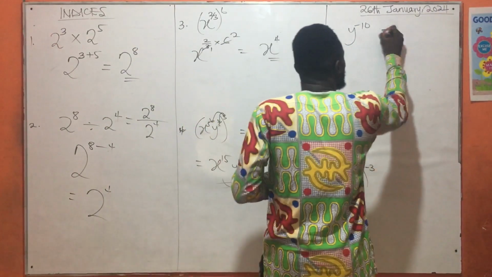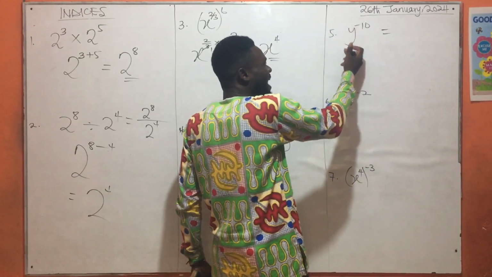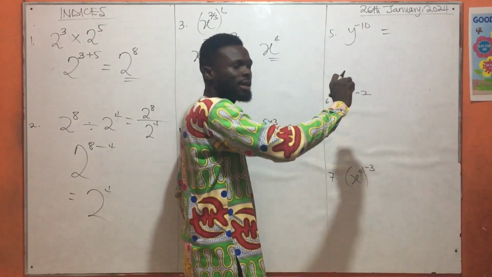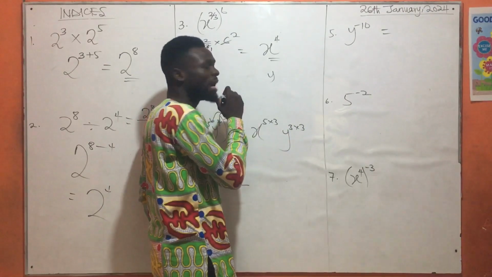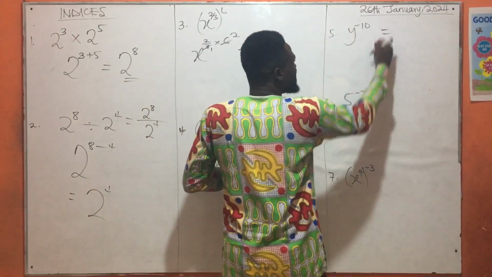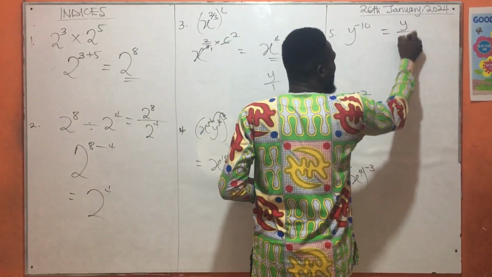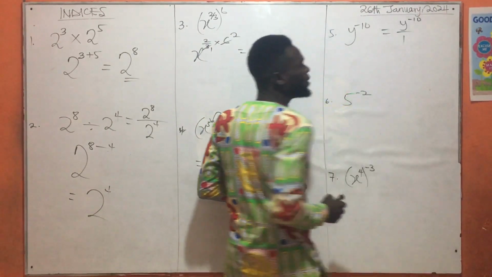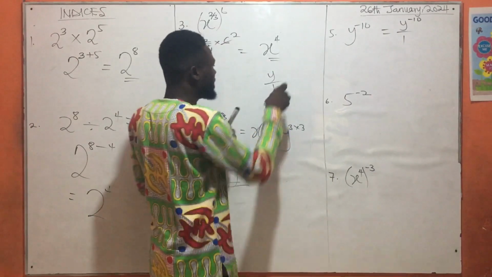So this is just writing the reciprocal of y. We know that y is a whole number which can be written as y over 1. So this is basically y over 1 raised to the power negative 10. Okay, that is how it is basically.